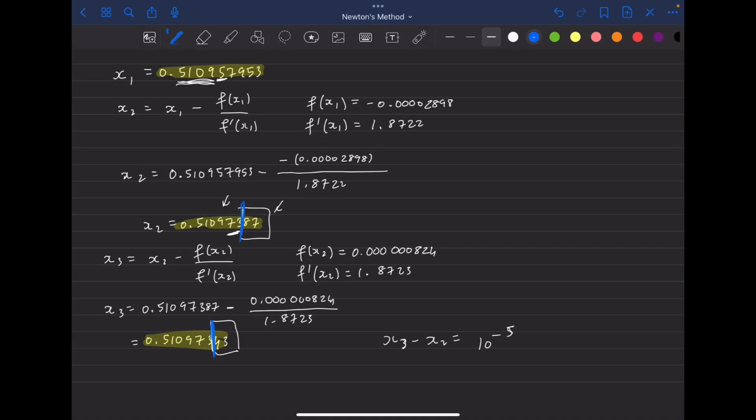So after finding out that the accuracy stops here at 510973, we can finally say that the root is x, which is approximately 0.510973. Once again, because the numbers after this decimal place change in both, but these numbers don't.